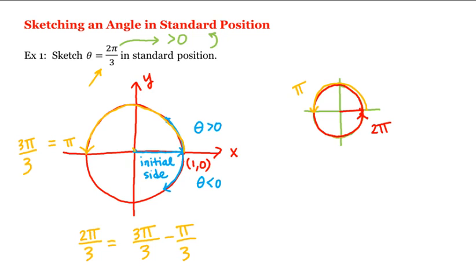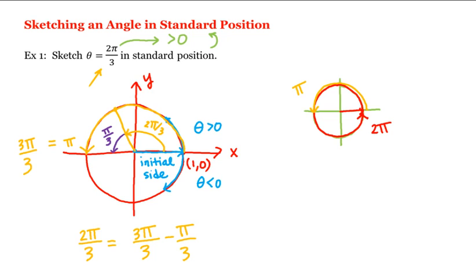So therefore, our angle is here, 2 pi divided by 3. And this here is pi thirds. Not in standard position, of course, but the measure of that angle is pi thirds.